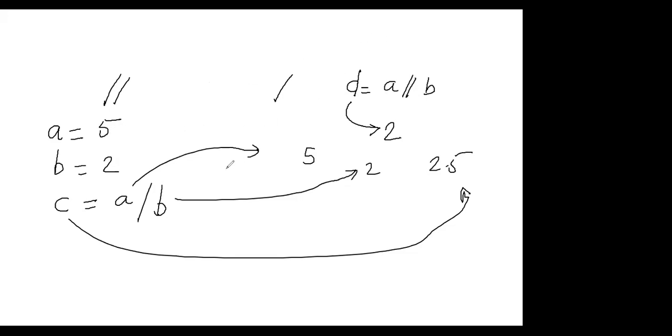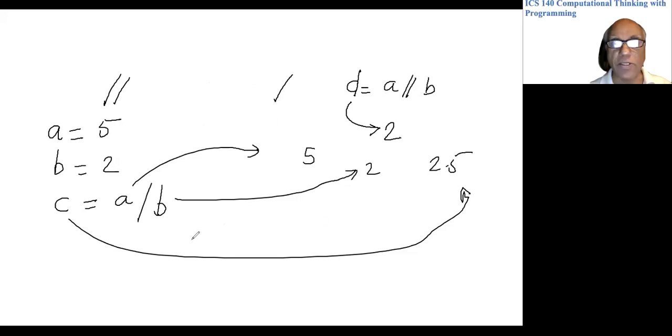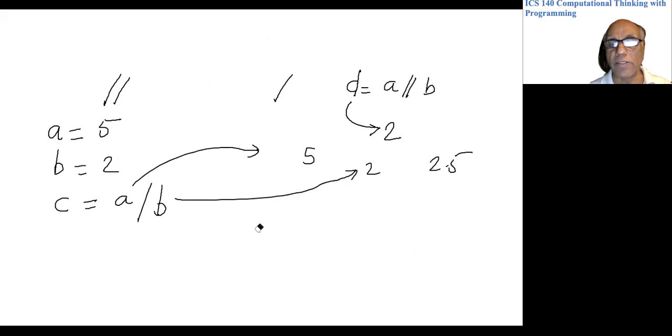Let me see if I have some space here, or maybe I'll get rid of some of these. I need some more space. Okay, so I'm going to give you one more example, which is also covered, I think, by one of the problems in the class exercise.